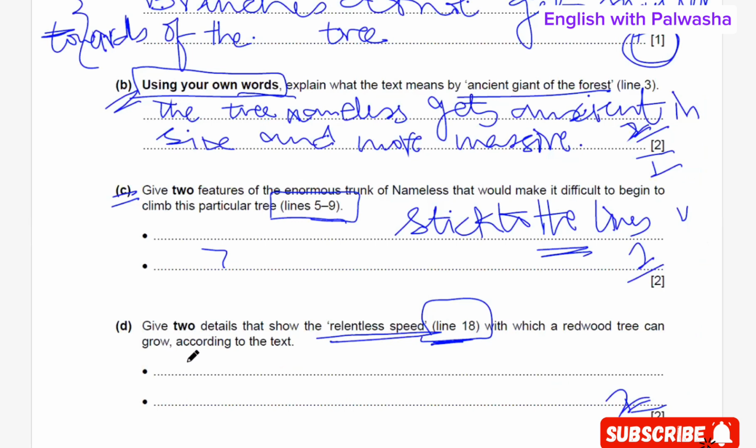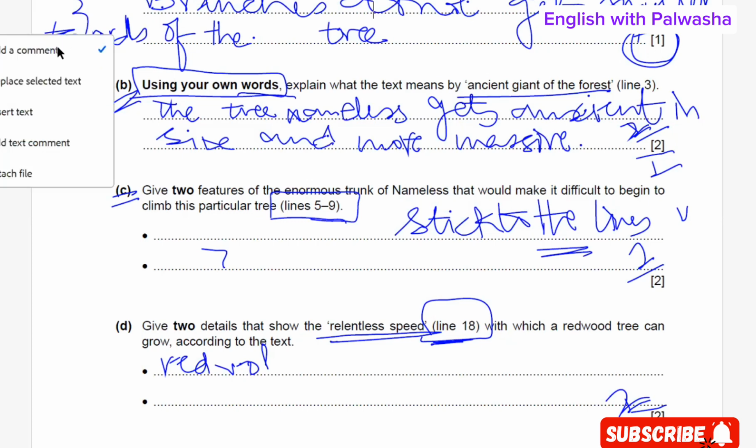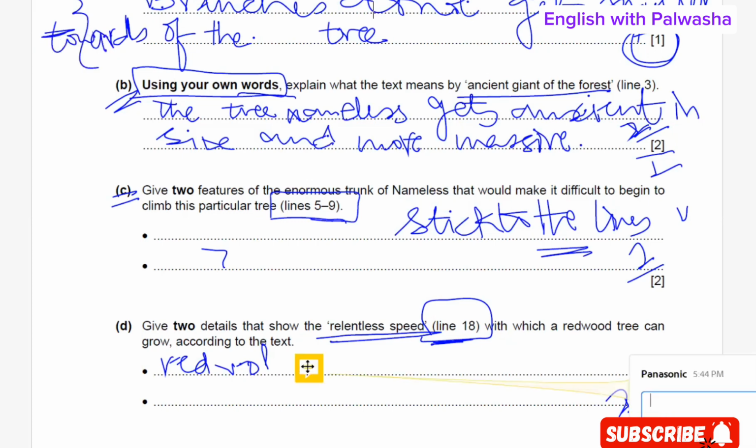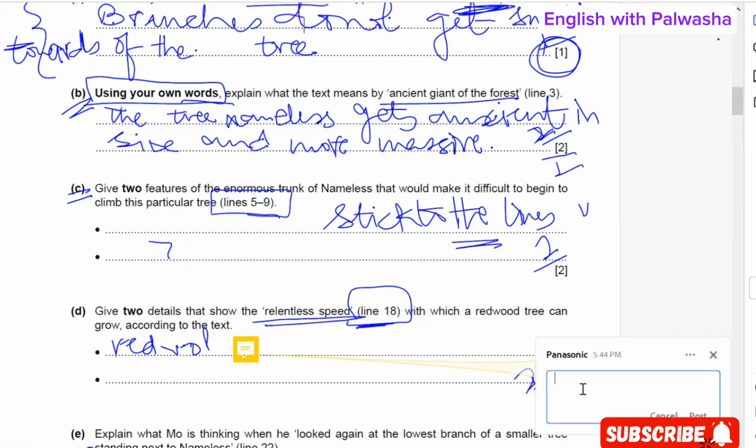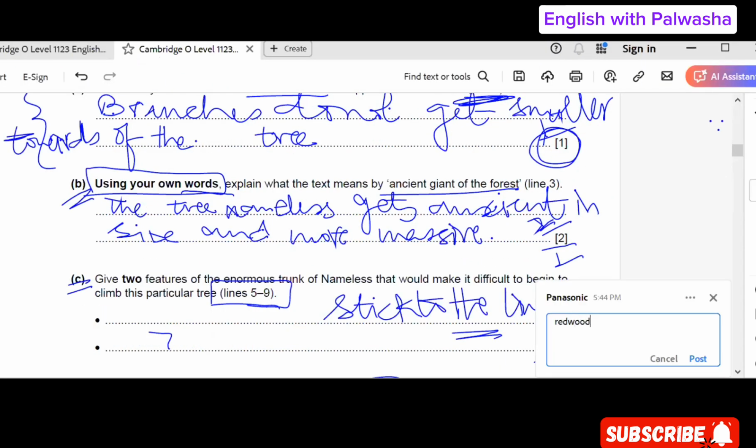The first one is going to be that the redwood can grow. Let me type it here. It would be better. So it would be that a redwood can grow.